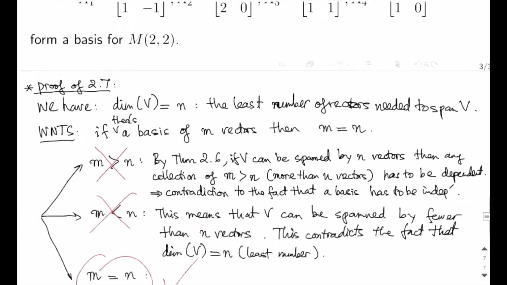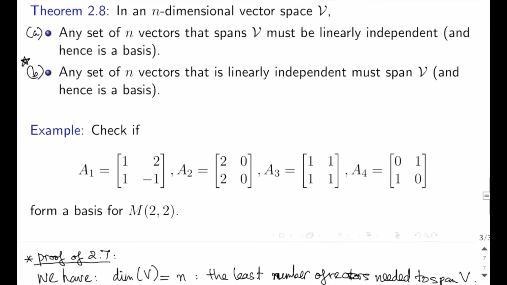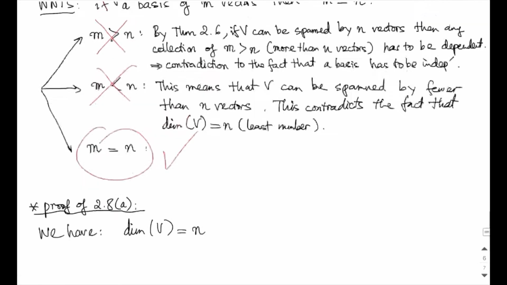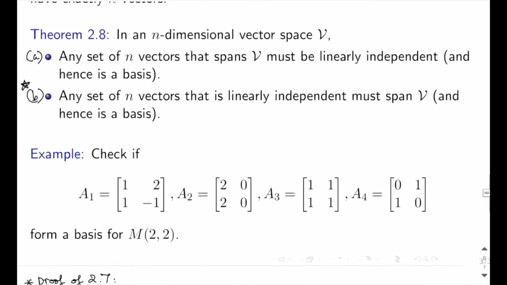All right, so what do we have and what do we need to prove? We first have V being n-dimensional, so we write that down. What else do we have? We have any set, which means we consider a random set of n vectors, and that set is spanning V. Then we must show that that set is independent.